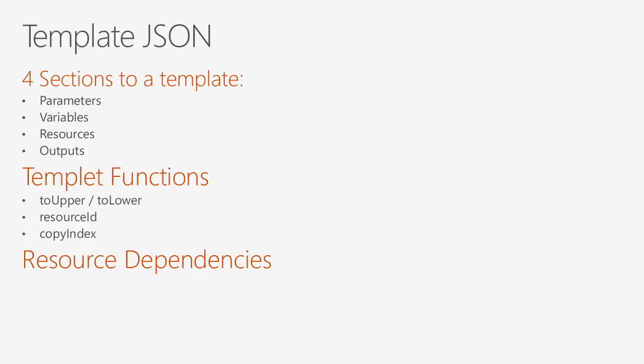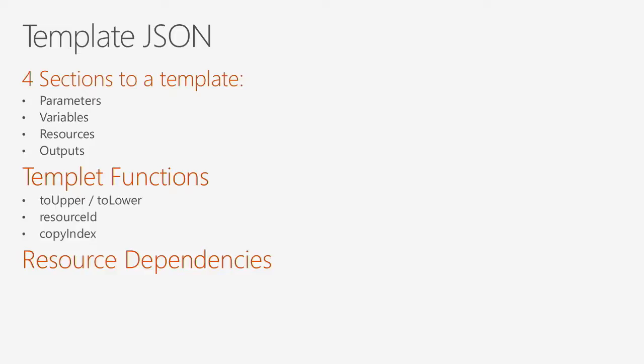I mentioned functions a little while ago. These are awesome. I'm excited to show them within the template. Functions are just like functions in scripting. We can create functions in our templates to do things like toUpper, toLower. For instance, an Azure storage account has to have a name that's in all lowercase.